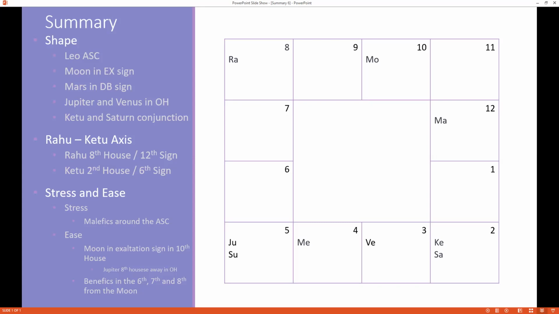And we can see that other factors in the chart are also encouraging this person towards seeing meaning that is beyond the material experience. So, a very powerful path for this person's sun, and a joy to watch.